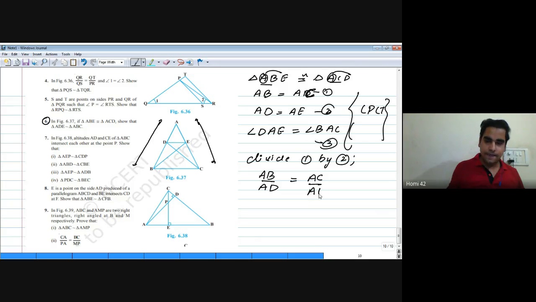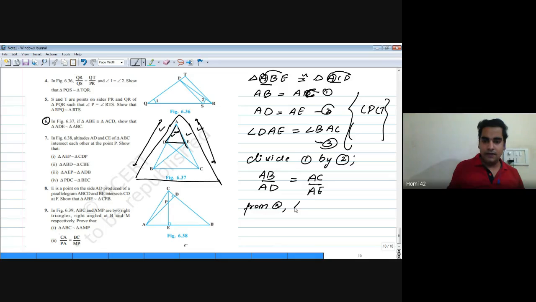Is this clear? That means in this triangle ADE and in this bigger triangle ABC, the ratio of their corresponding sides is the same, because we got AB upon AD is equal to AC upon AE. Also, this angle is equal in both.